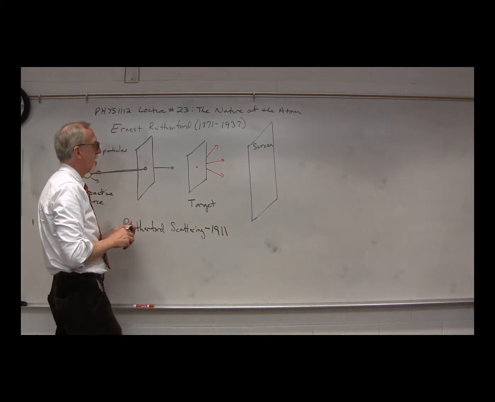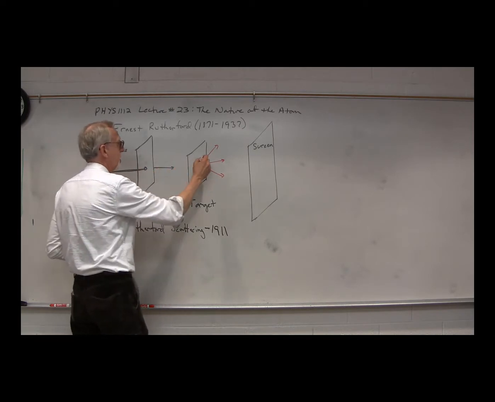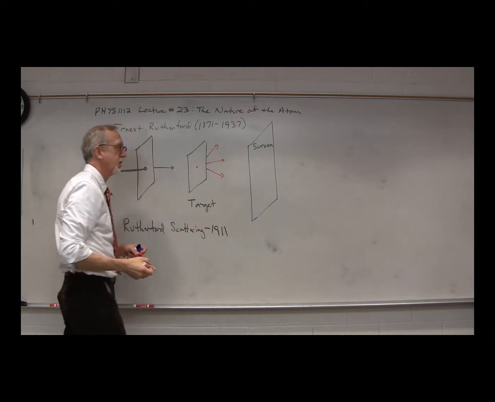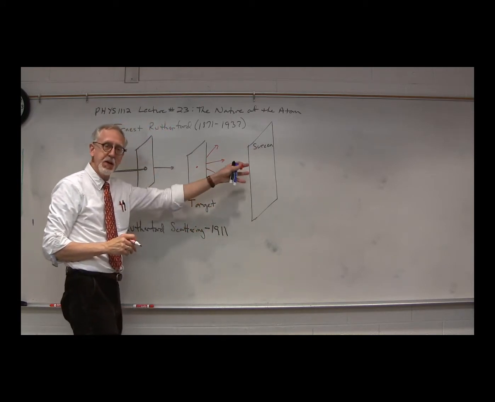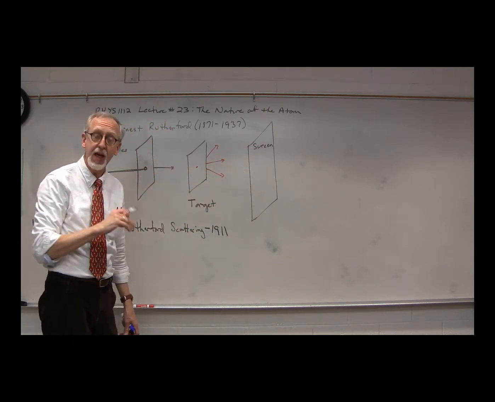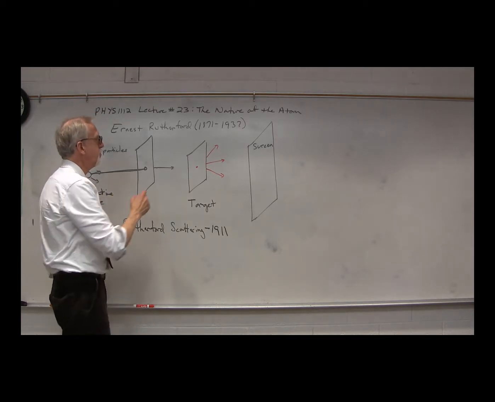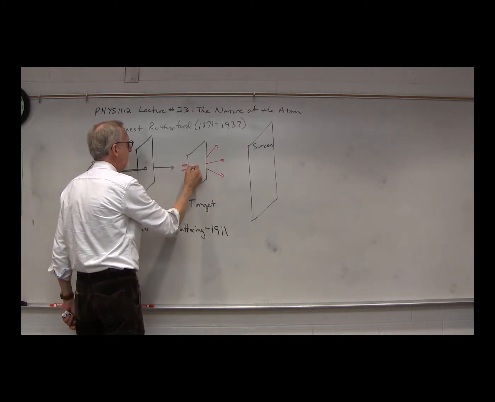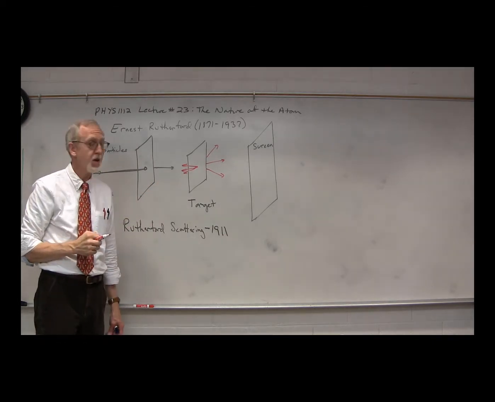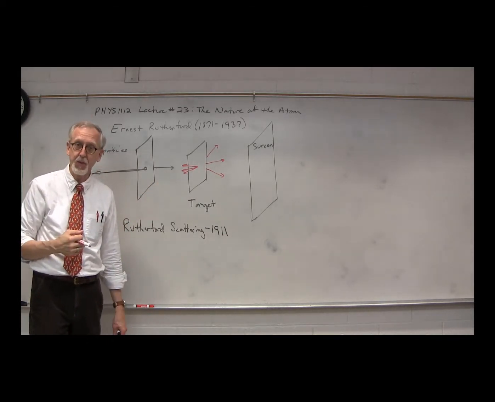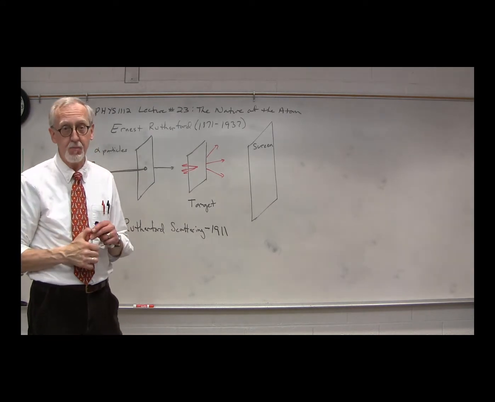For every alpha particle there would be this shower of particles typically coming out the back that would then strike a screen and could be studied. Now, what happened was, every now and then, some particles would be scattered backwards. They would come back toward the source. These are called backscattered.